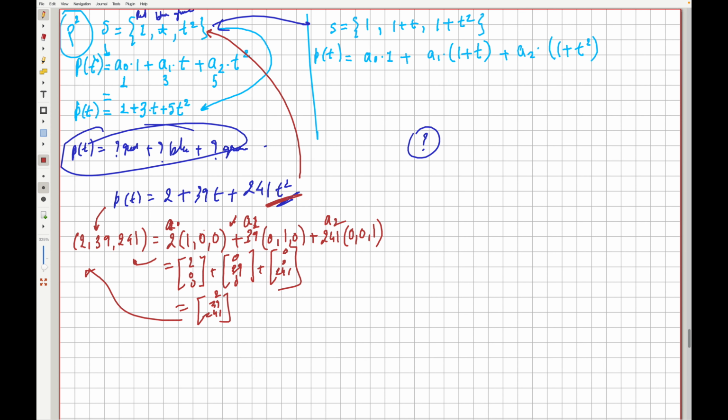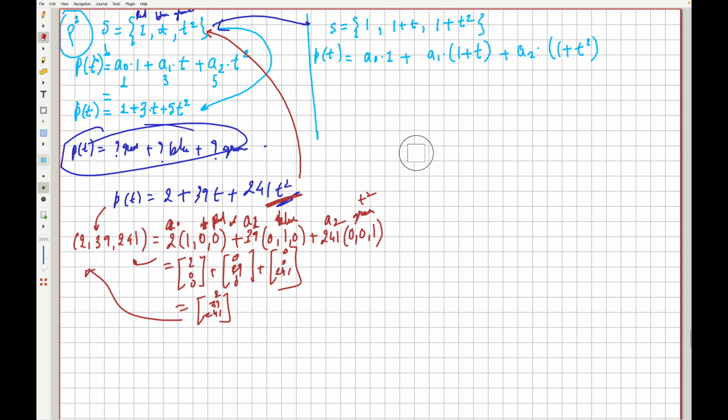And this is the basis vector we have, which is 1, t, t squared. The red part is the first one, the blue part is the second one, and the green part, the t squared part, is the third one.